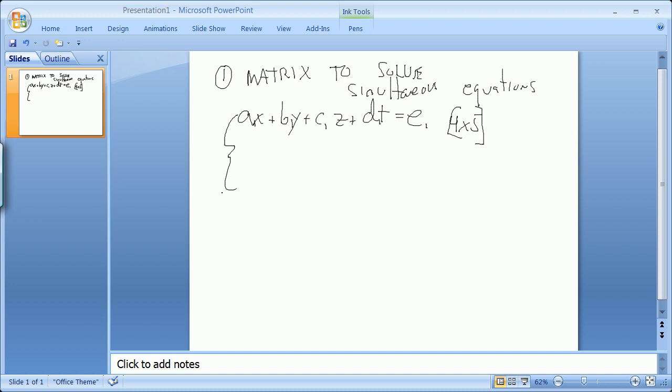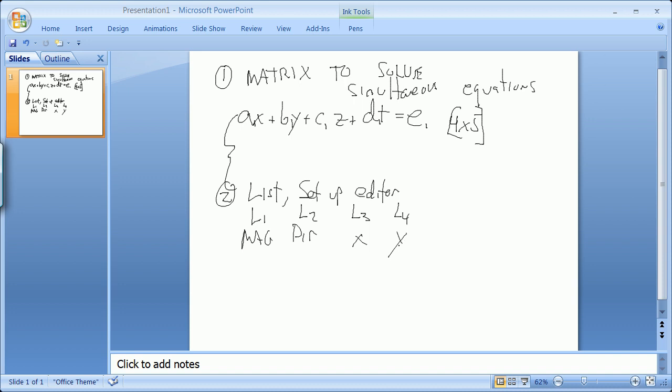That's number one. Number two, know how to use a list and the list setup editor. Know how to put things in list 1, list 2, list 3, list 4, etc. in a 2D problem, generally magnitude, direction, x component, and y component.